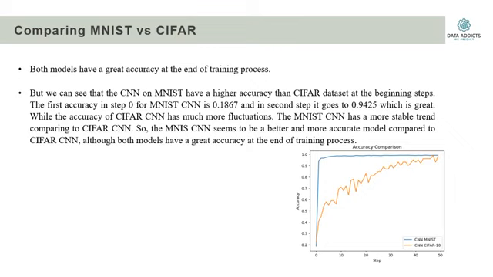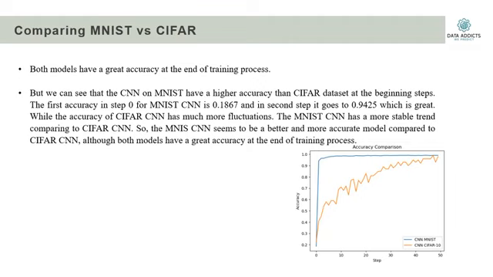The first accuracy in step 0 for MNIST is 0.1867, and in the second step it goes up to 0.9425, which is a great result.